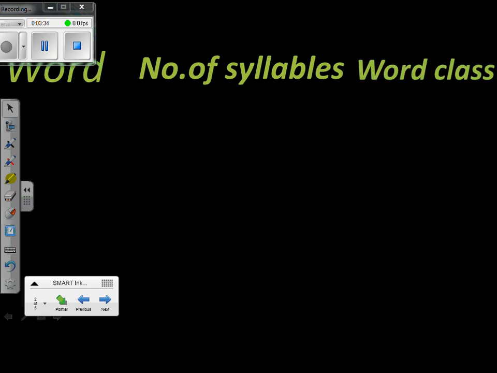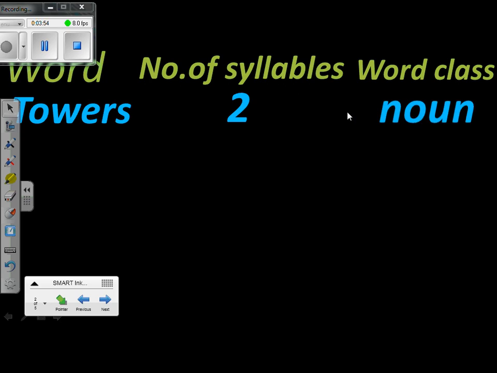What is our first word? Tower. What is the number of syllables in tower? I want all the class, not only two or three. Number of syllables in tower? Two. And what is the word class? What is the meaning of tower?